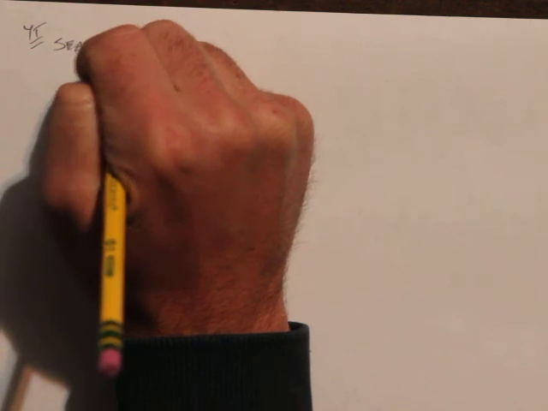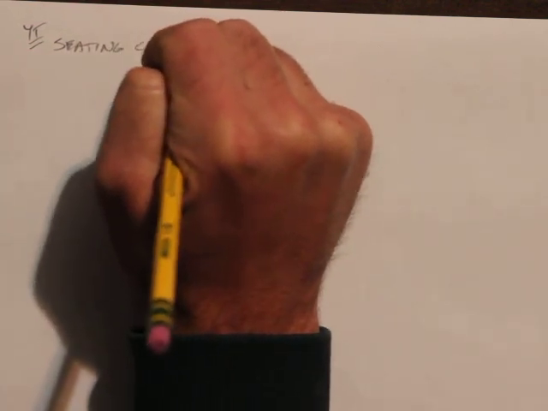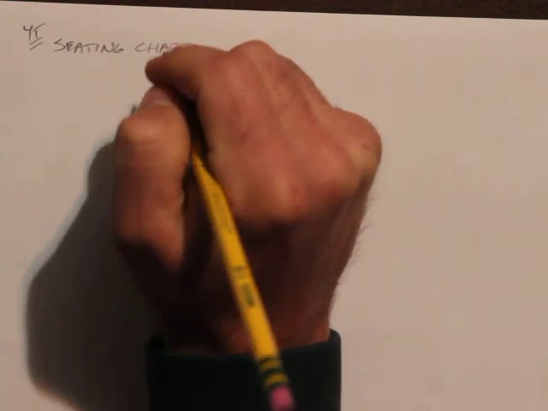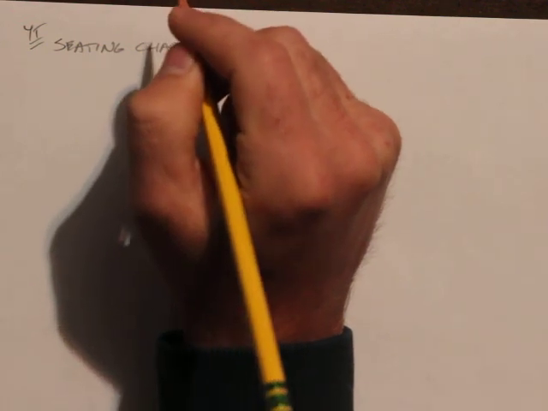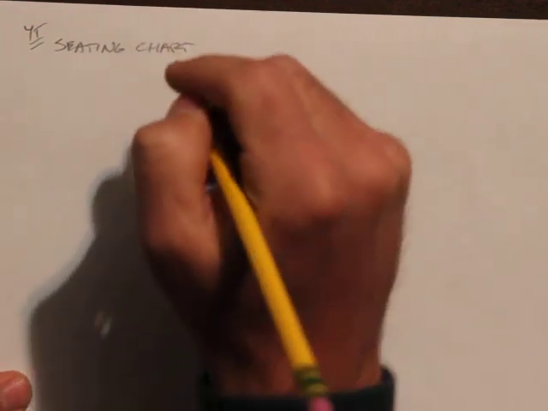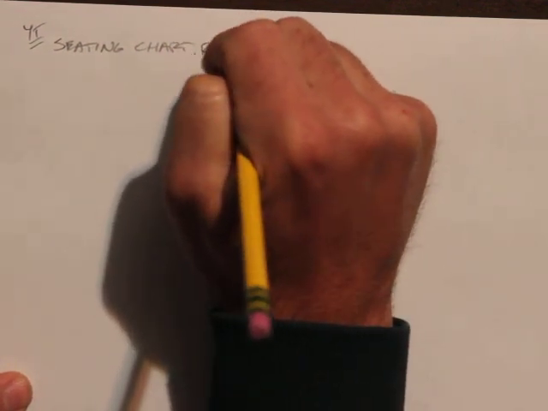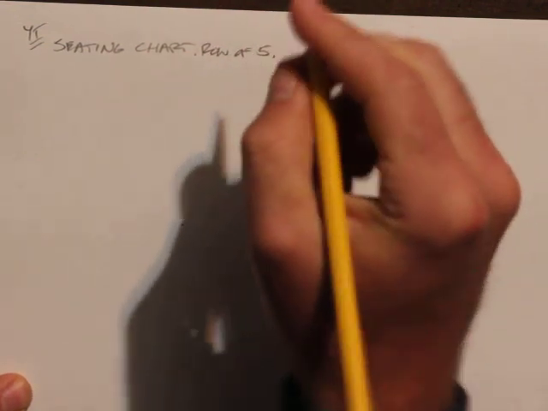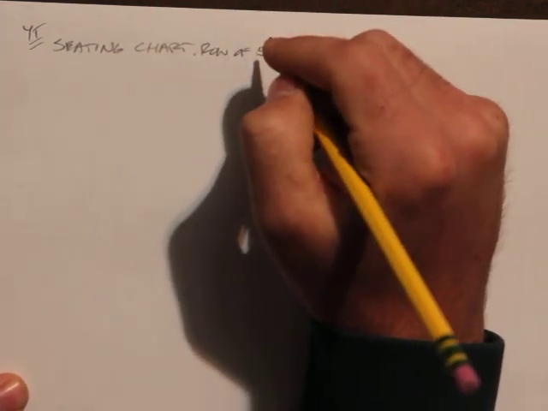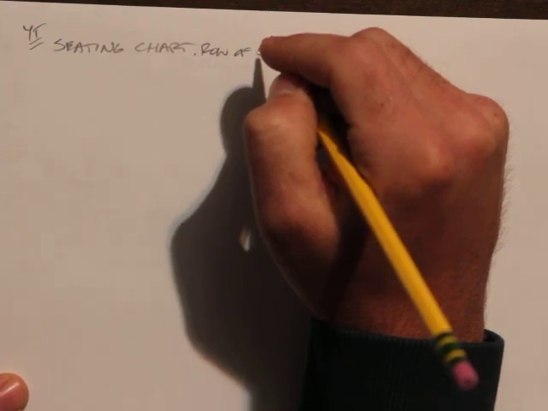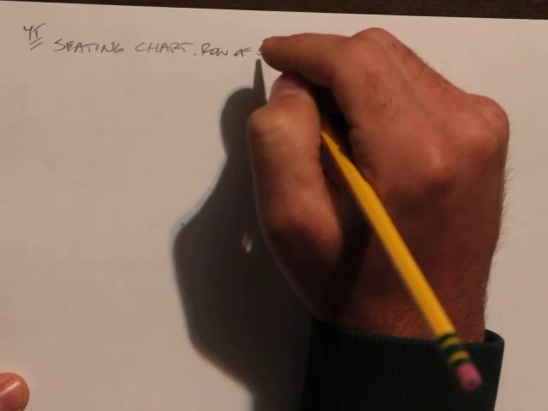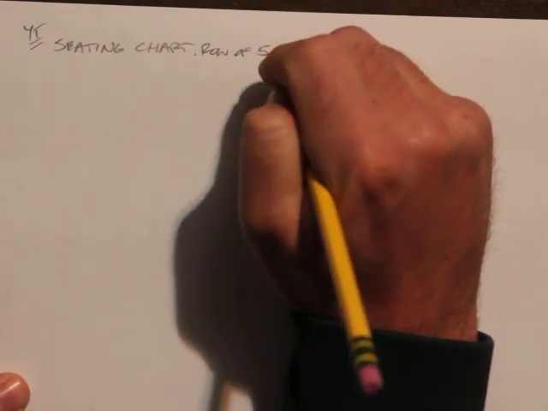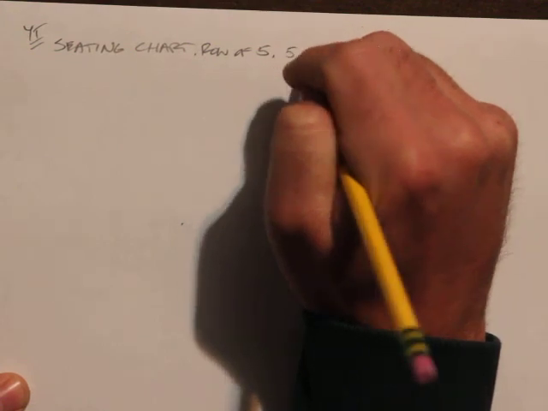I have a seating chart, and I've got a row of 5. Five students, so find the probability that Joe will sit in the front row, Janice behind Joe, Nancy behind Janice. So we're going to have 5 students in the row.